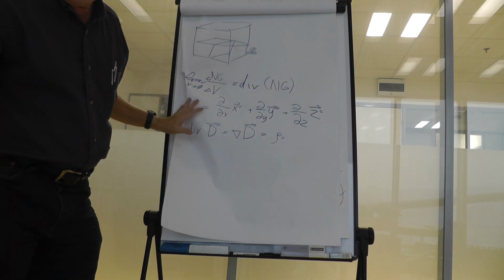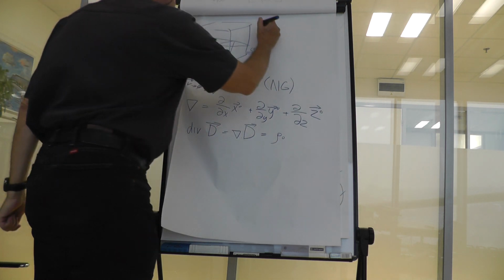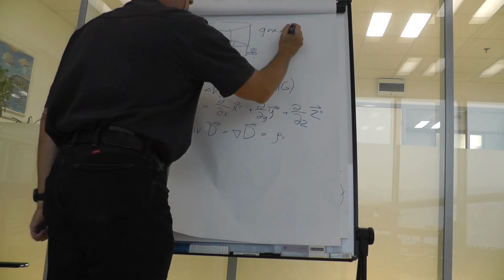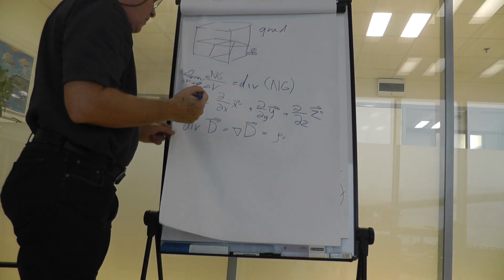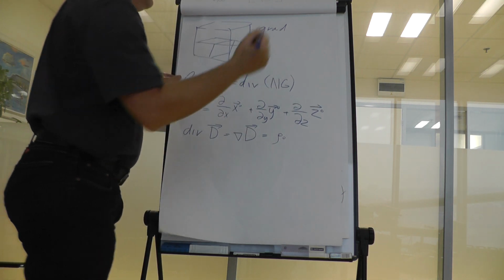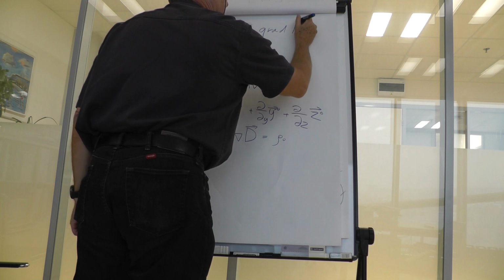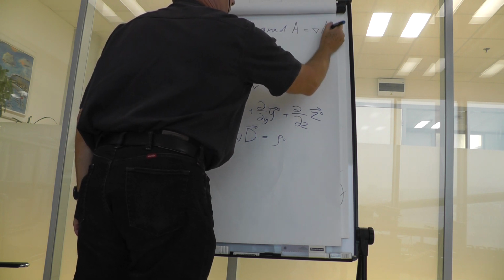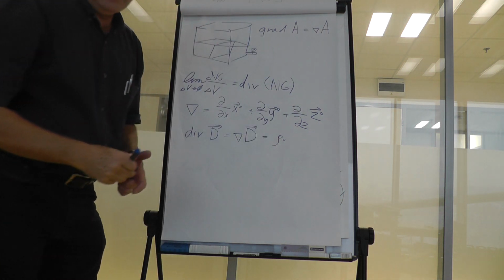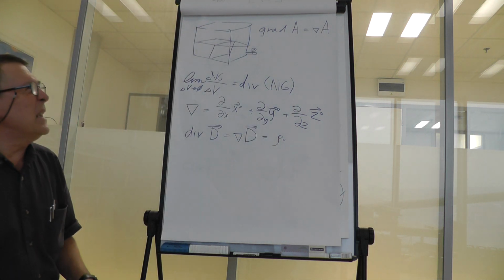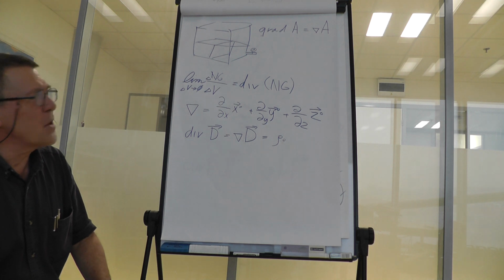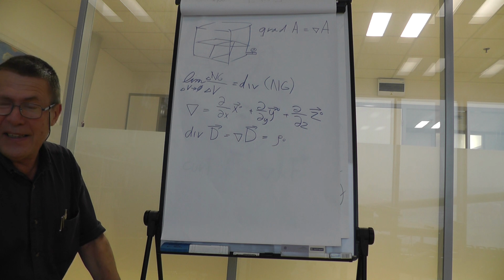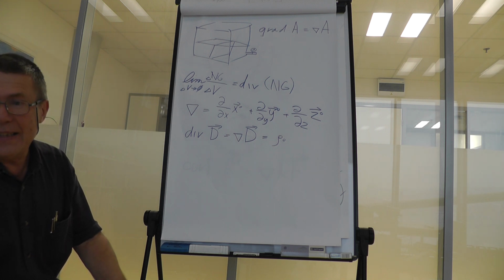So we just have to note that the gradient, which is the simplest operator of a scalar function, for example a, is nabla a, where nabla a means that we calculate the partial derivative of a against x, and that is the x component of the result, and vice versa.